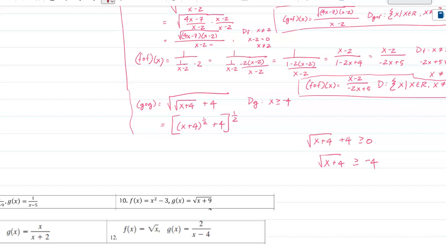Because we already set the restriction of the input domain as greater than or equal to negative 4, remember, this right here came from the input function. I'm trying to find the composite function's domain, and this is where I am. But if I already set this restriction, the lowest number that I could put in is negative 4.